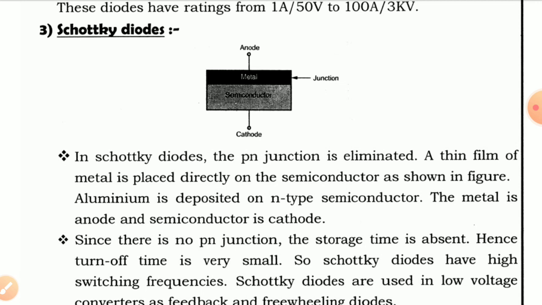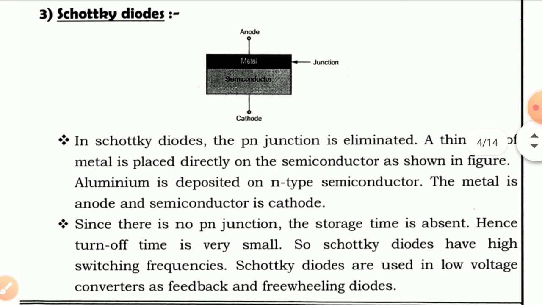Then a metal strip is attached on that. The metallic part connected to the semiconductor acts as the anode, and the other terminal connected directly to the semiconductor acts as the cathode, and a junction is formed between the metal and the semiconductor. That is the general constructional feature of a Schottky diode.